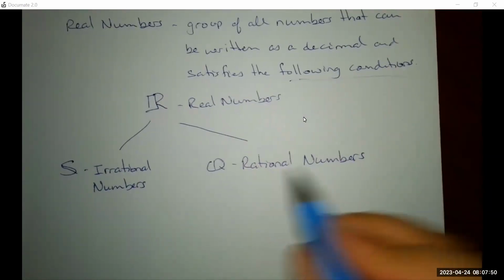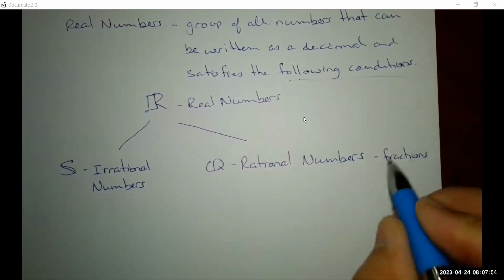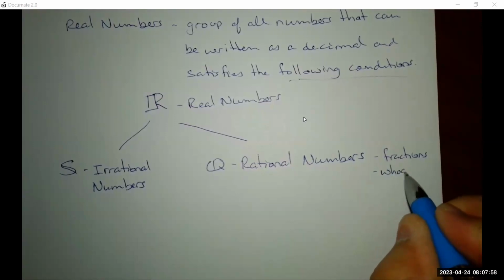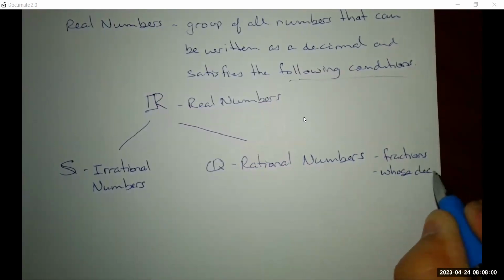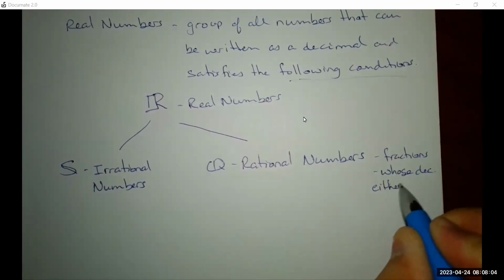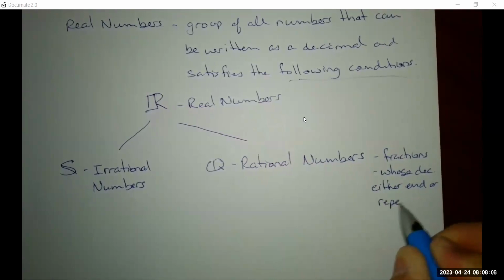Remember, rational numbers are fractions whose decimals either end or repeat.